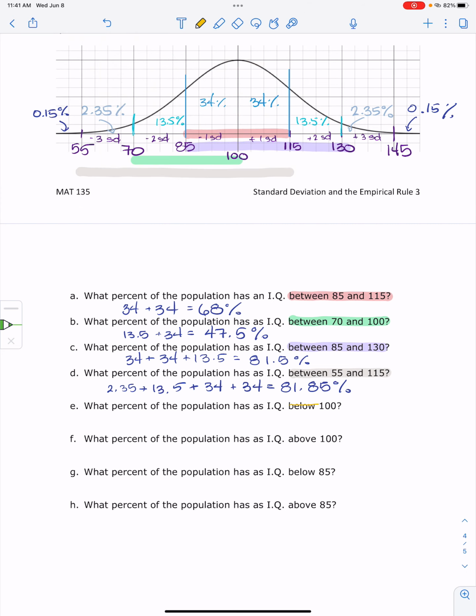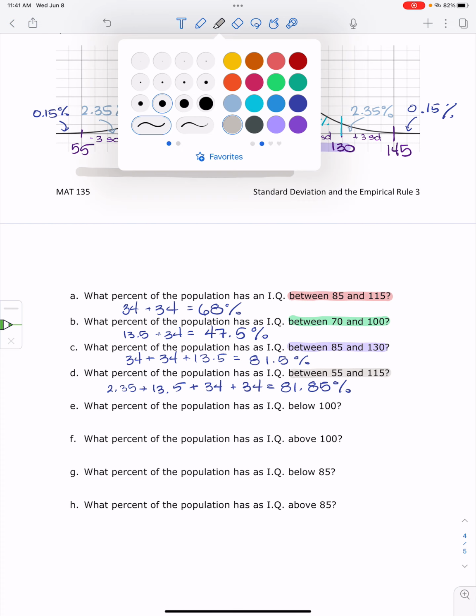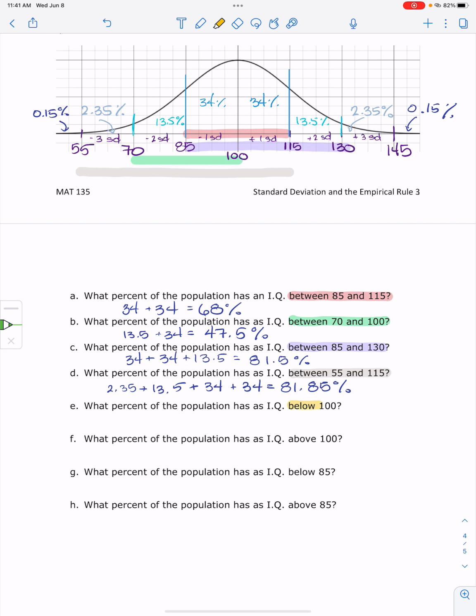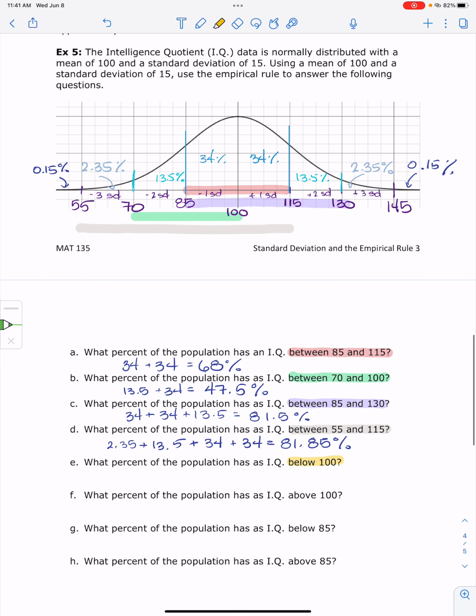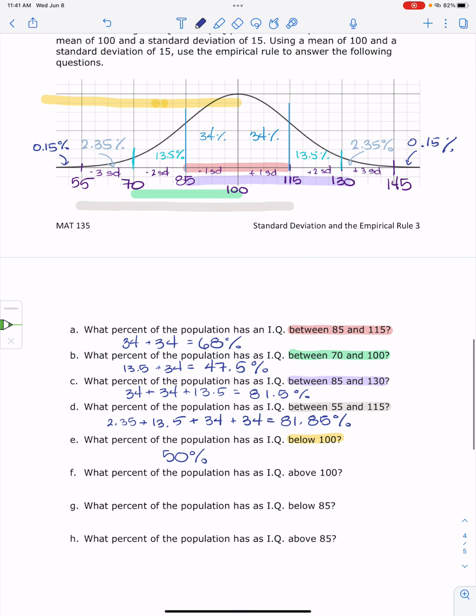Below 100, I did that wrong. So below 100, I'm going to go up here. This half of the population, remember that 100 is our mean. It divides our population in half. So 50% of the population lies below 100. And you can also add those numbers together and just double check.